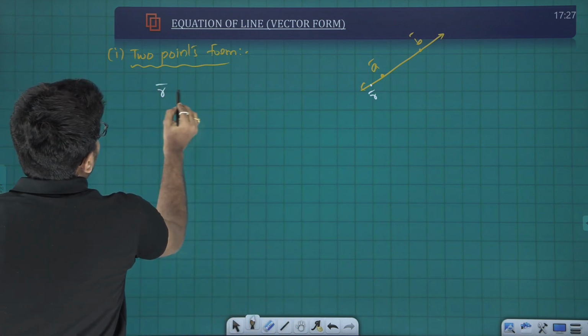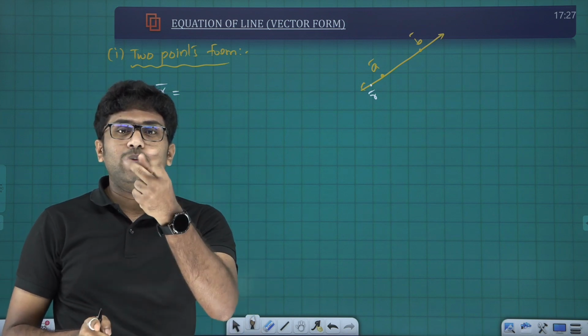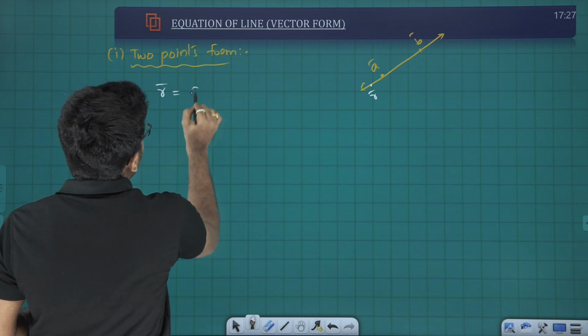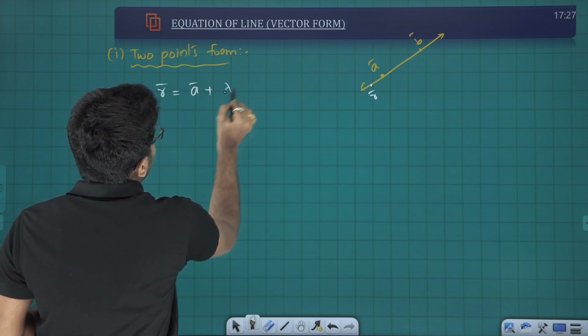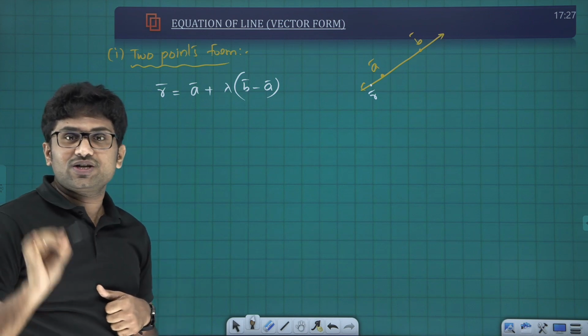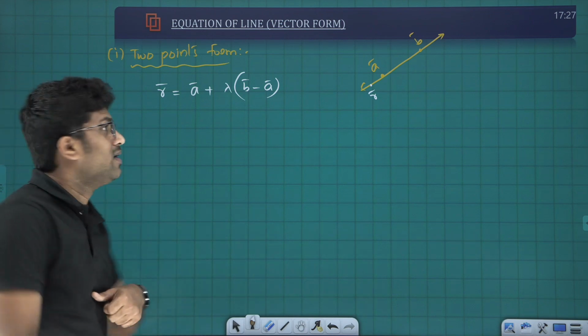So the vector equation of a line which is passing through 2 points having position vectors A bar and B bar is R bar equals A bar plus lambda times (B bar minus A bar). This is the vector equation of a line passing through 2 points having position vectors A bar, B bar.